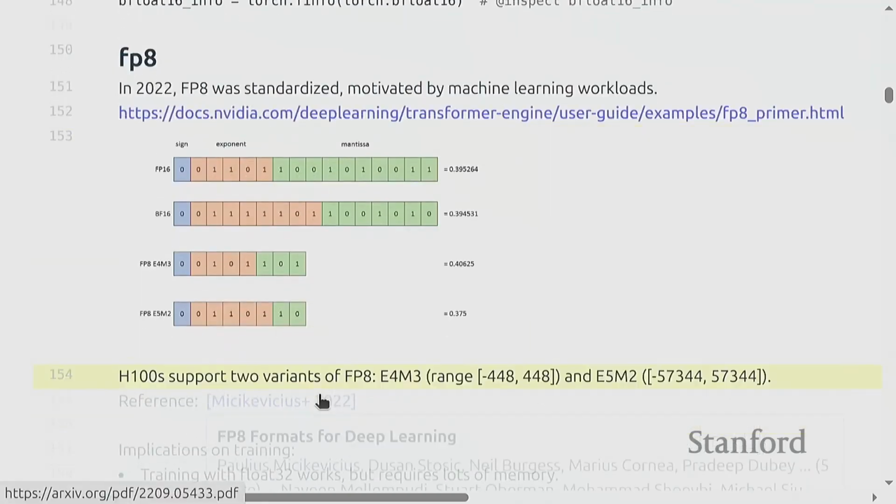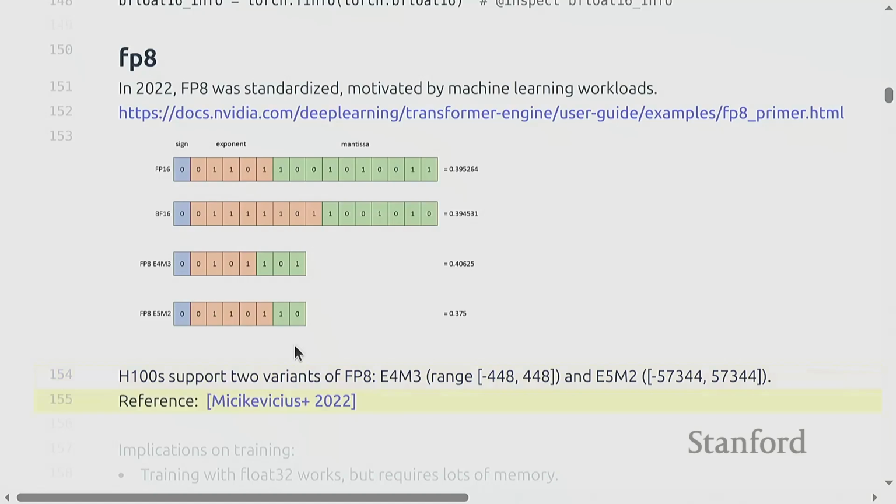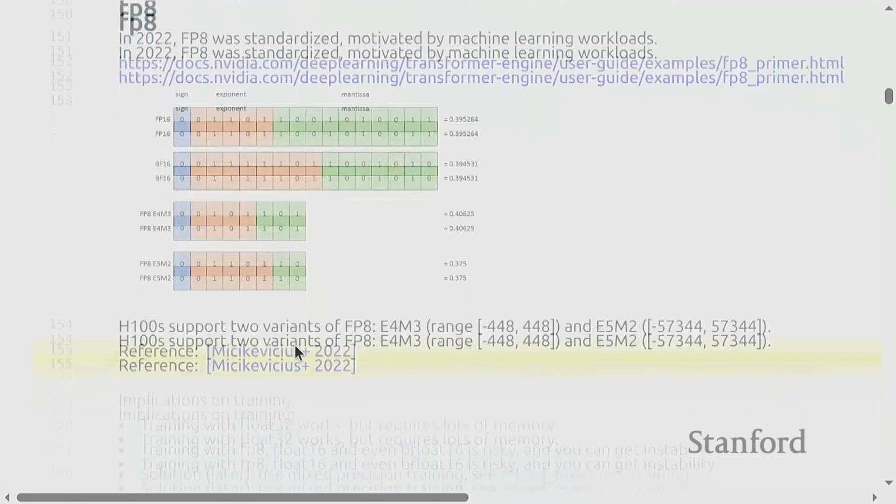So it's very crude. There are two variants depending on if you want more resolution or more dynamic range. I'm not going to say too much about this, but FP8 is supported by H100s. It's not really available on the previous generation.